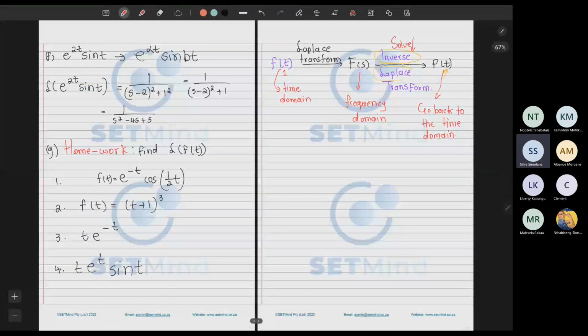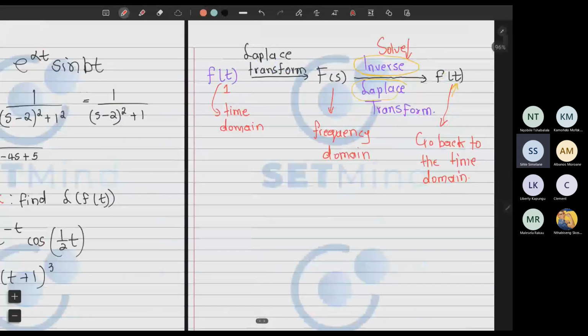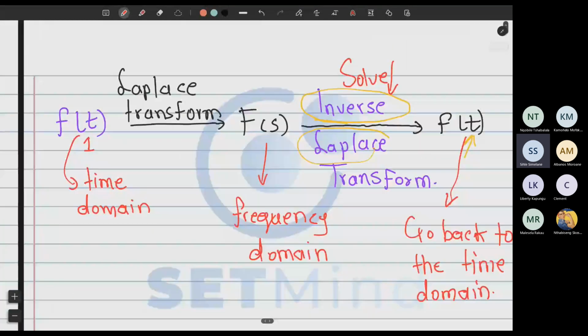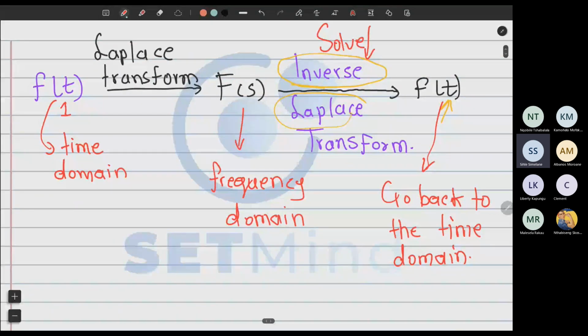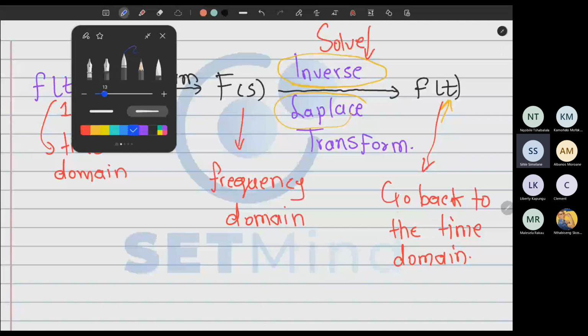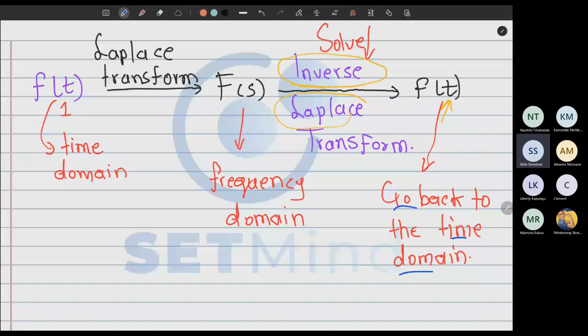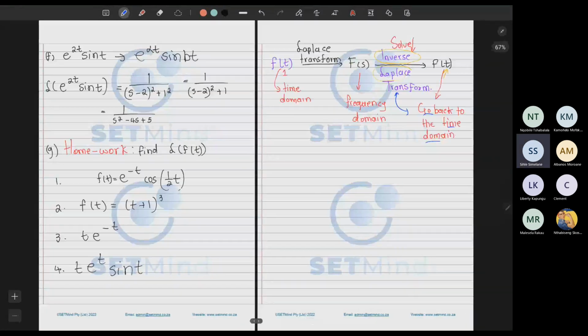So this is essentially what you will be working towards. You will do the Laplace transform, switch to the frequency domain, and solve the problem because it's easier when you do it in the frequency domain. After you are done solving the problem, we now need to stress about how do we go back to the time domain? And this is where your inverse Laplace transform comes into place. And you should be able to get more insight on this when you kickstart the course.